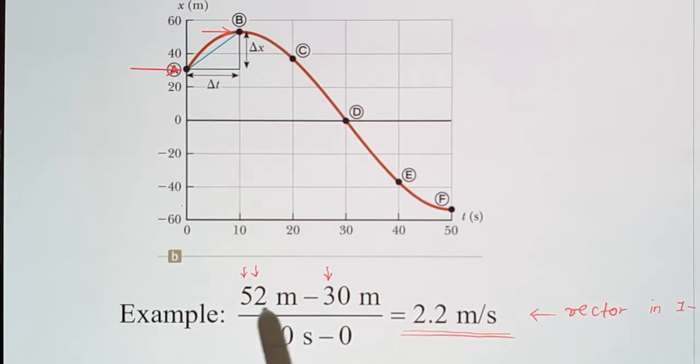In addition or subtraction, we always go for the bigger significant digit. That means, let me explain it: this is tens, and this is tens and ones. For significant digits, we have to use tens. So strictly speaking, 52 minus 30, when you apply significant digits, is 20. So 20 divided by 10 is 2.